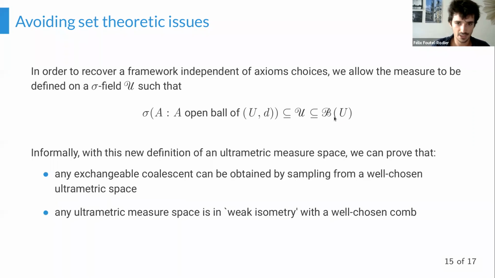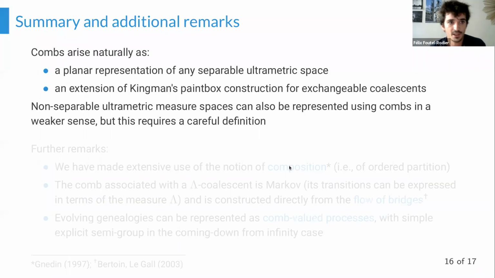And I won't state any rigorous results, but if we do so, then we remove the previous problem and we are actually able to always find, regardless of the axioms that we choose, enough measures to first be able to represent any coalescent as a sample from an ultrametric space, and second, to represent any ultrametric measure space according to a comb. But then we have to give a weaker definition of the isometry because we cannot put in isometry the two spaces.